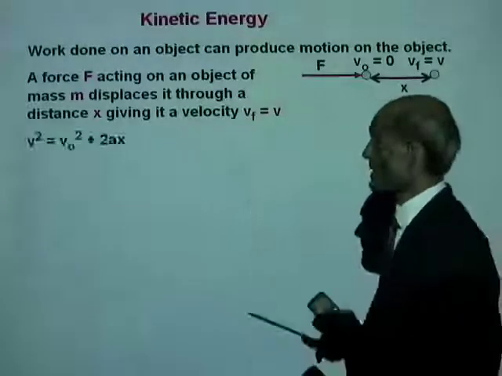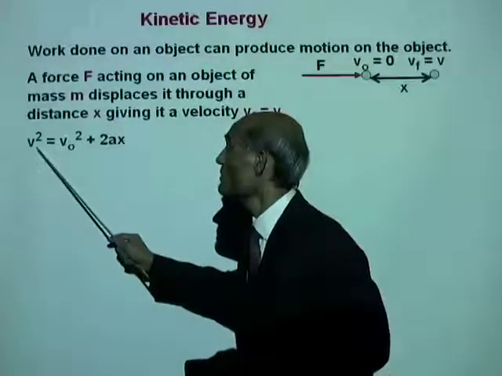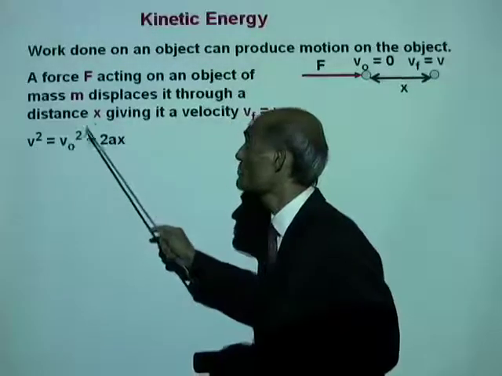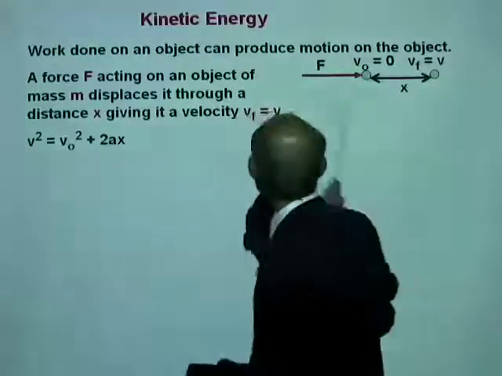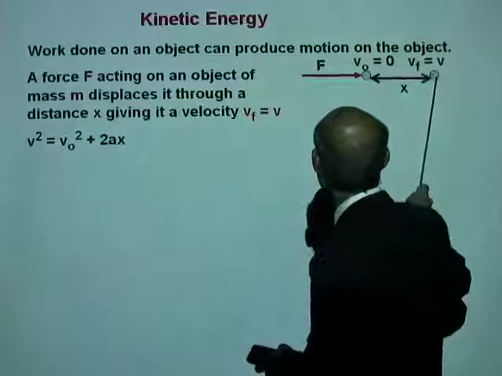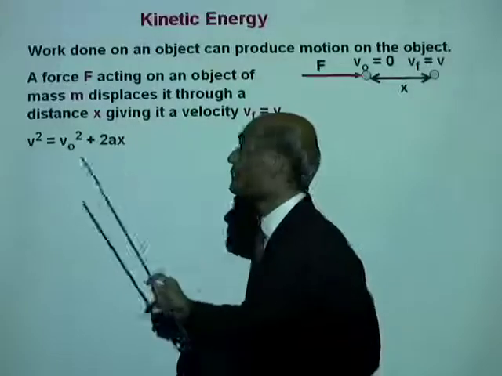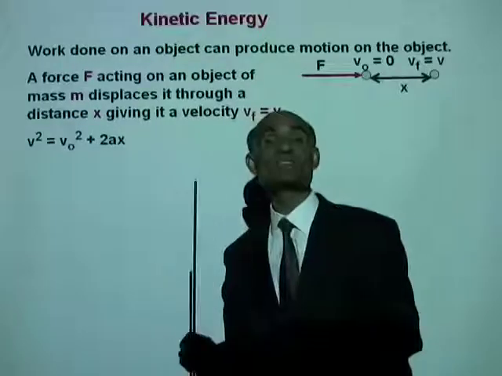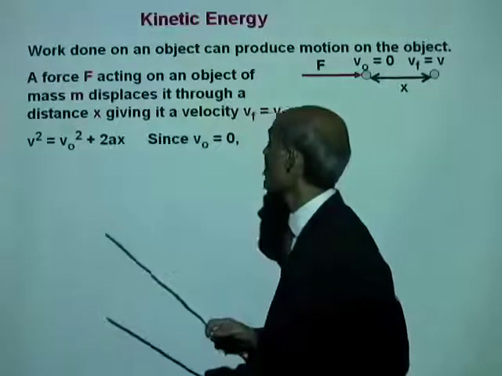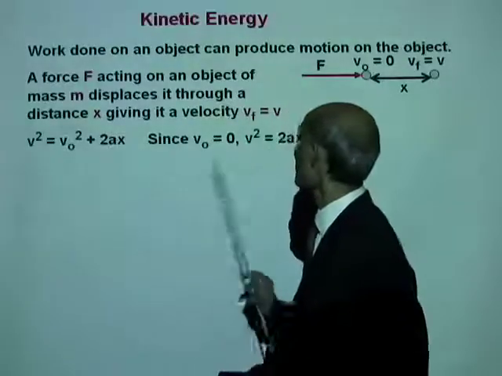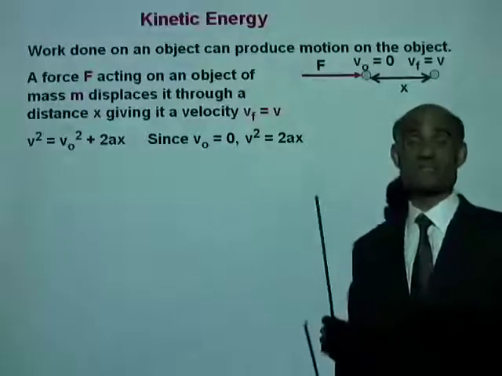Now, you have this equation, everybody knows this, v squared equals v0 squared plus 2ax. This v is the velocity it acquired in moving through a distance x. And v0 is 0. Can you solve for a, the acceleration? Well, we have v squared equal to 2ax.